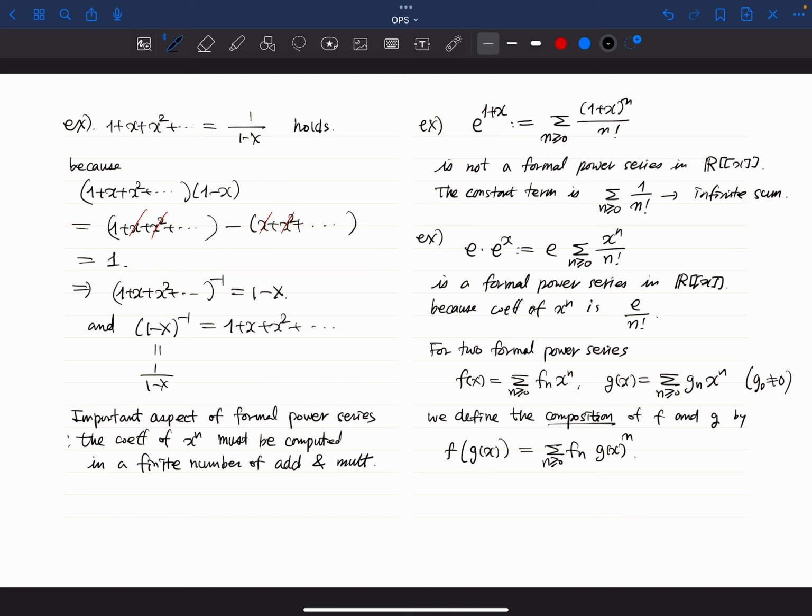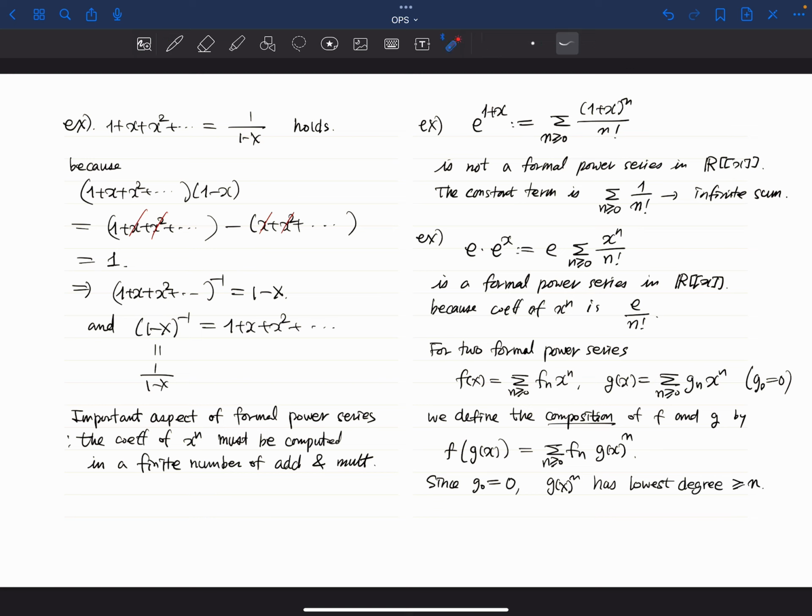And here, this is an infinite sum, so we have to be careful and check whether this is a valid formal power series. But this is a valid formal power series because of this. Since g0 must be 0, g(x) to the n has lowest degree greater than or equal to n.